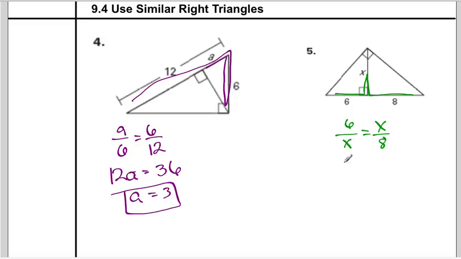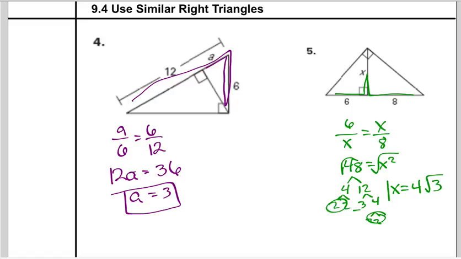Cross multiplying, we find that 48 equals x squared, and we're going to square root that. And then we're going to do simplest radical form, so that's like 4 and 12, 2 and 2, 3 and 4, 2 and 2. All right, pair of 2s, well, only 3. So x ends up being, we got 2 pairs of 2s, so that's 4 out front, lonely 3 inside, so x ends up being 4 root 3.